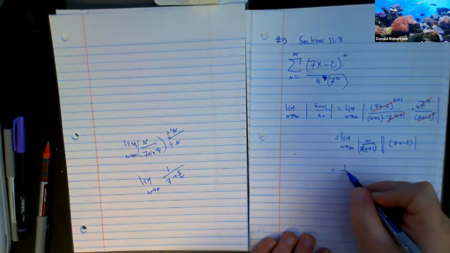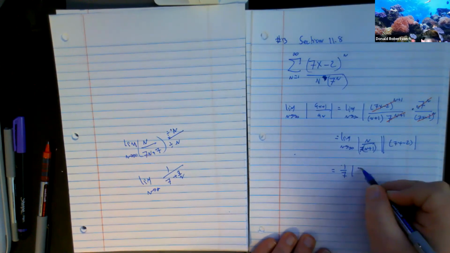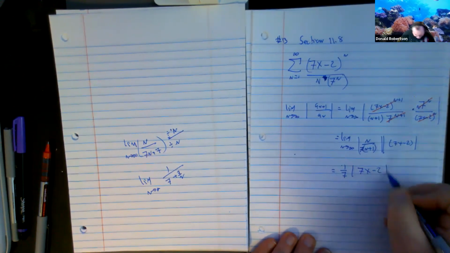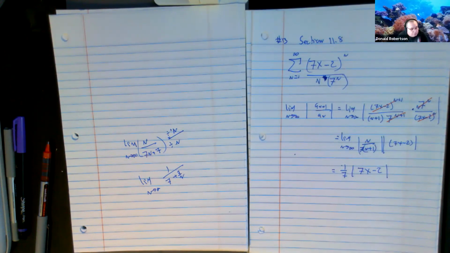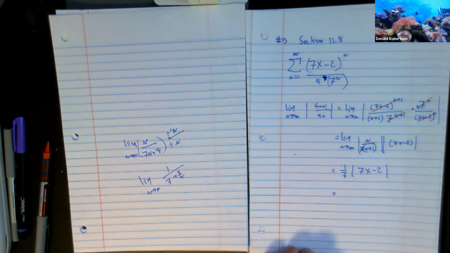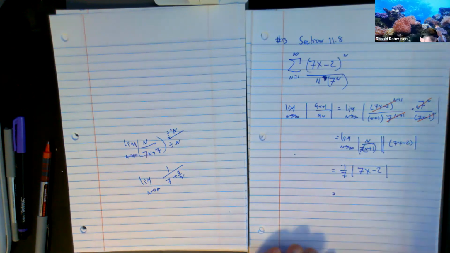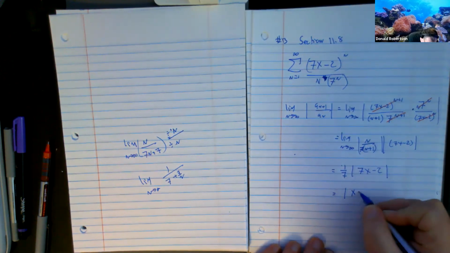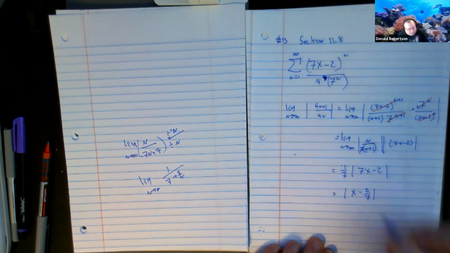So we have 1/7 times the absolute value of 7x minus 2. It's kind of cool, kind of interesting. Couldn't I bring the 1/7 inside the absolute value because it's positive? And so if I distribute it, don't I get that?